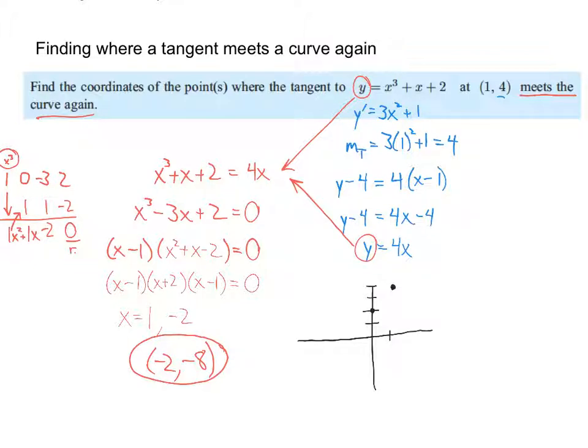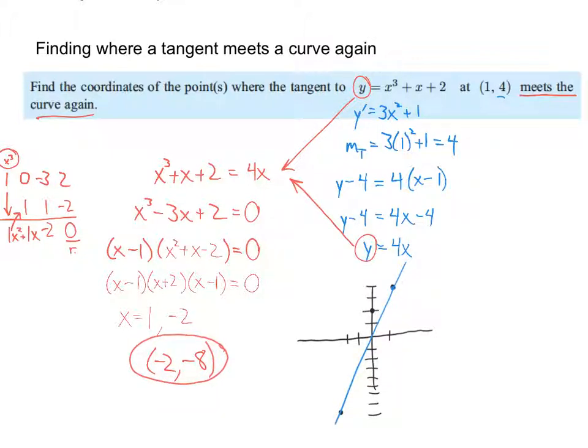We also know it goes through the point negative 2, negative 8. But we also know that the tangent line is going through these.